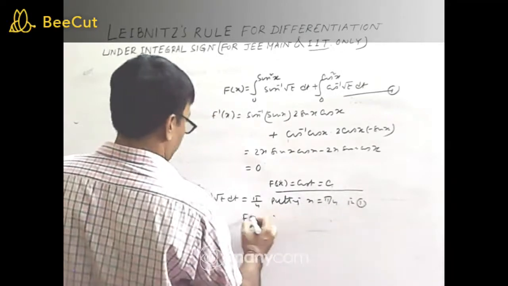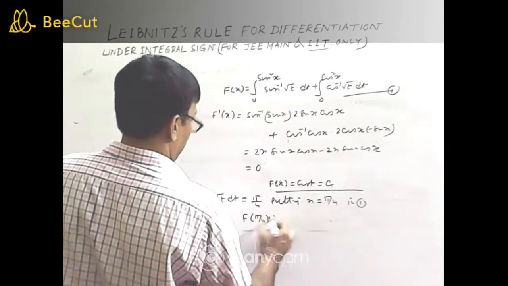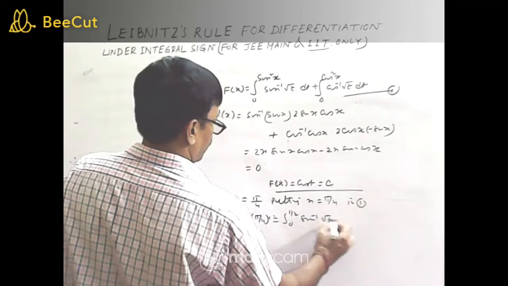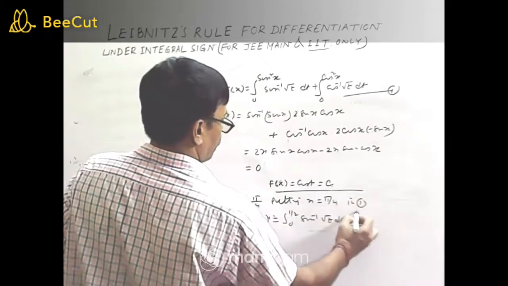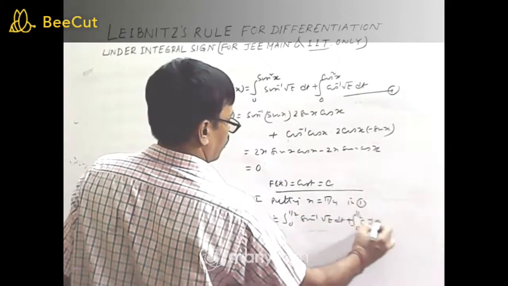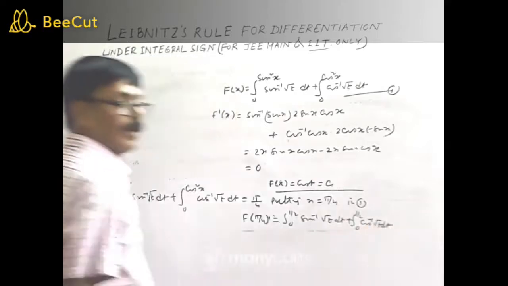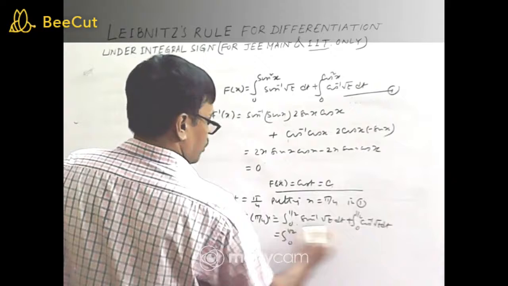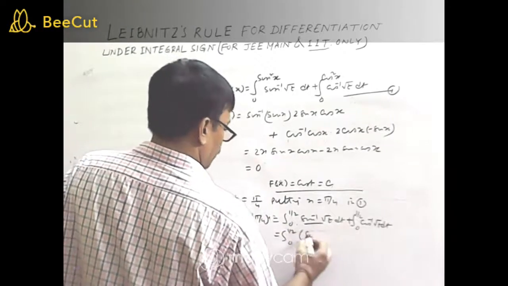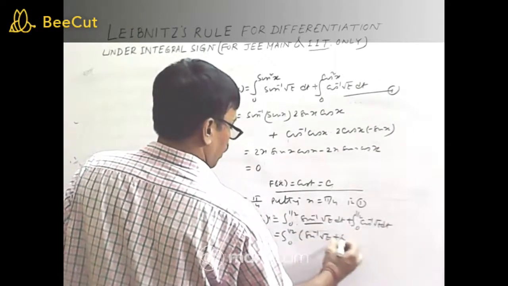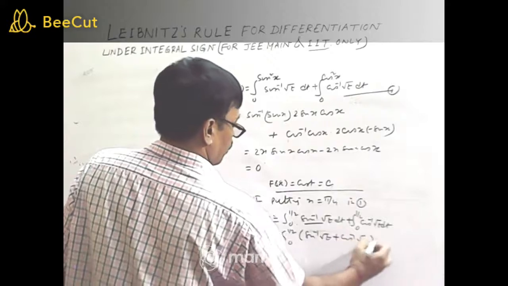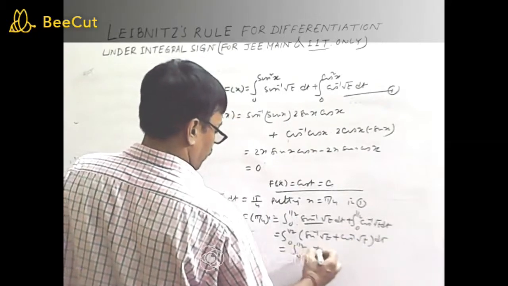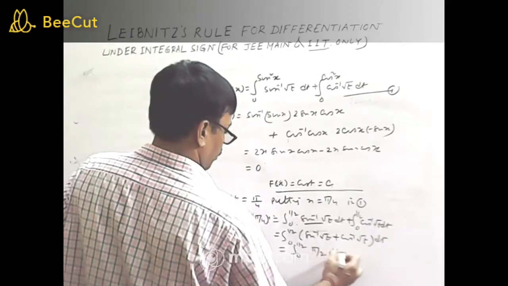So what is F(pi by 4)? F(pi by 4) is integral 0 to half of sin inverse root t plus integral 0 to half of cos inverse root t. So now 0 to half, this is the same integration, sin inverse root t plus cos inverse root t dt. So this is pi by 2, integral 0 to half of pi by 2 into dt.